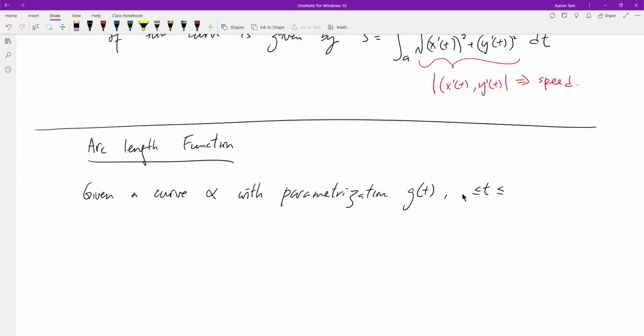Actually, I'm going to call it t sub 0 and t sub 1. So t sub 0 is basically the beginning time, and t sub 1 is the end time, and t is just the variable in between those two. We can define what we call the arc length function for this curve.